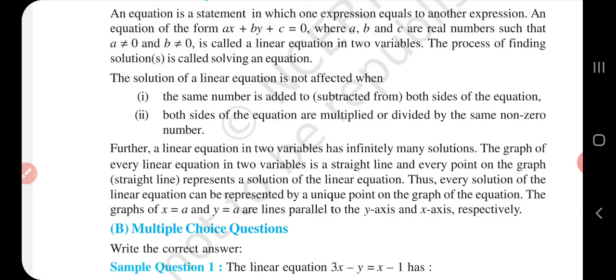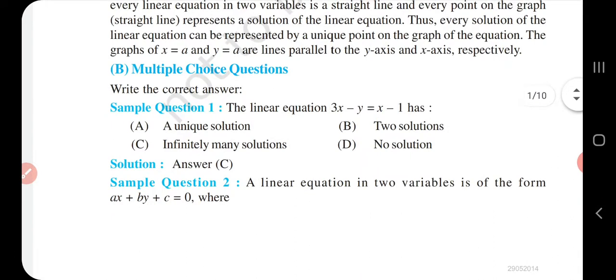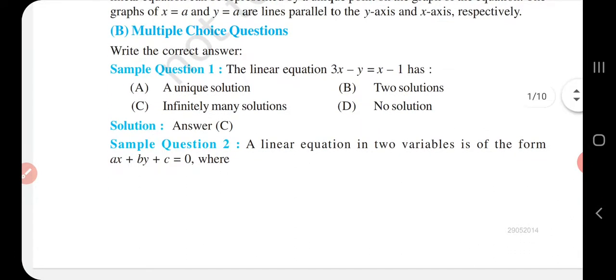Now let's see which type of questions come in exams. Example number 1, see a simple question. The linear equation 3x - y = x - 1 has: a unique solution, two solutions, infinitely many solutions, or no solution. Simply look at the equation.